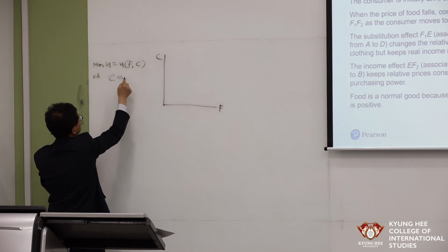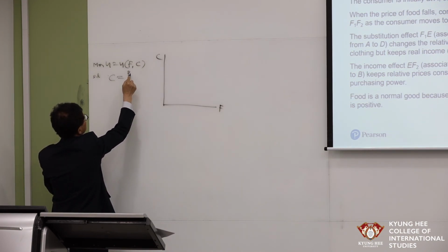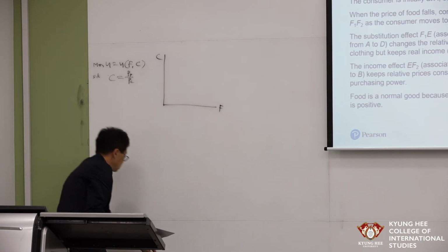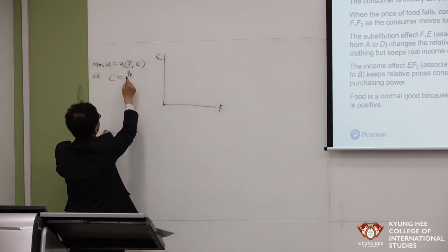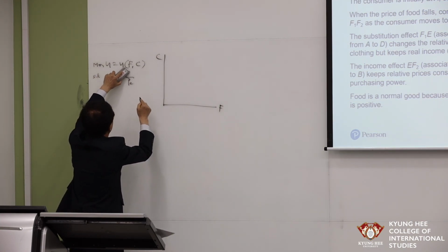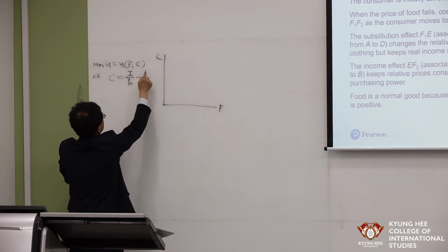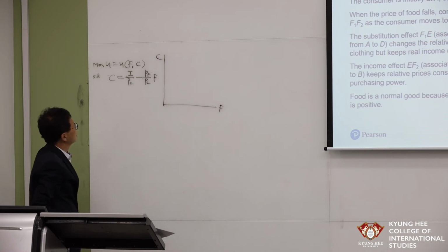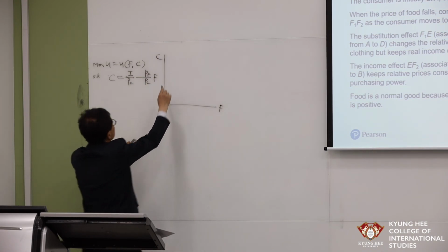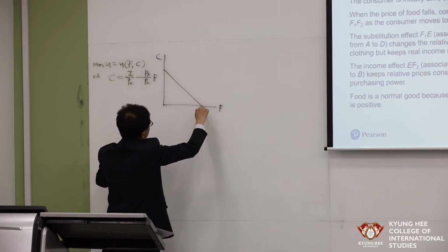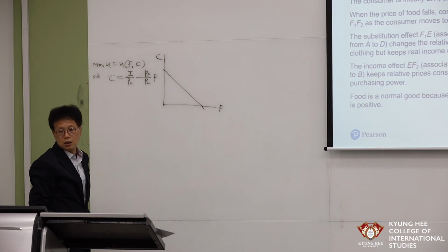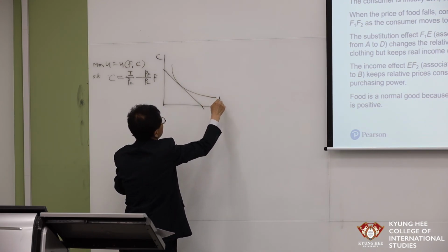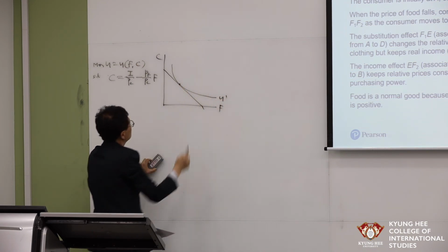That is C is equal to income over PC minus PF over PC times F. Right? Now, originally the choice was, for example, on U1, the utility consumption is here.